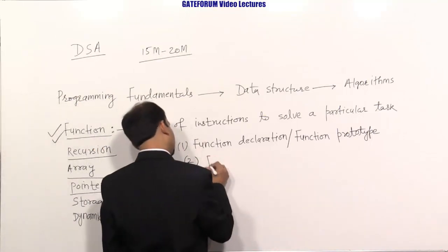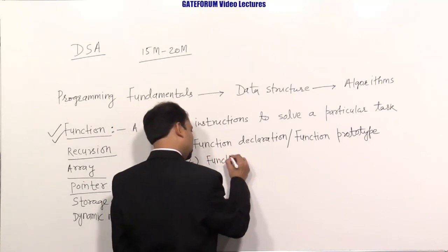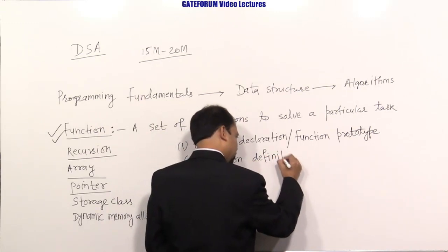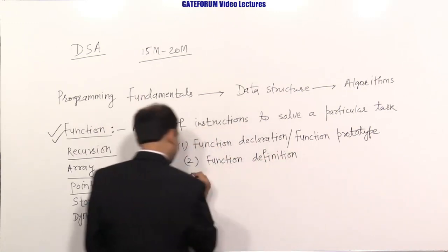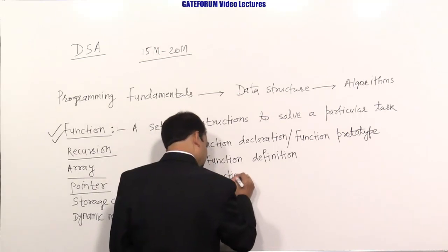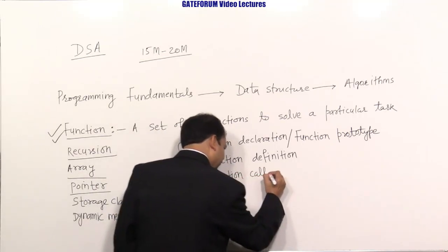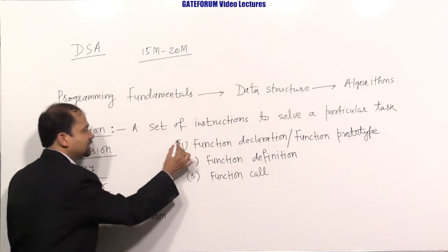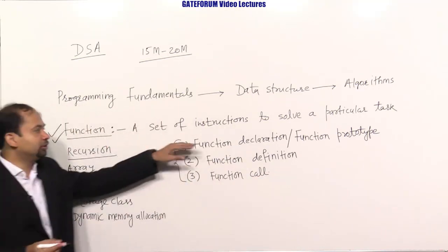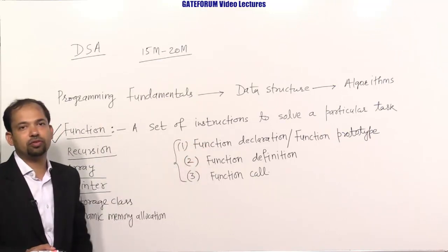And the third thing is function call. So there are three things associated with a function. If we have to write functions, we need to take care of these three components of a function.